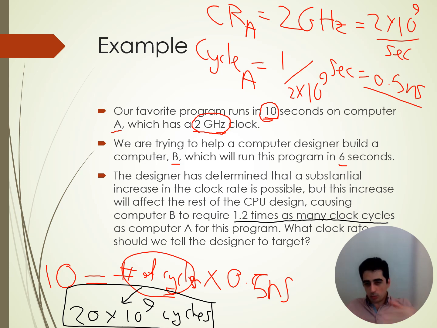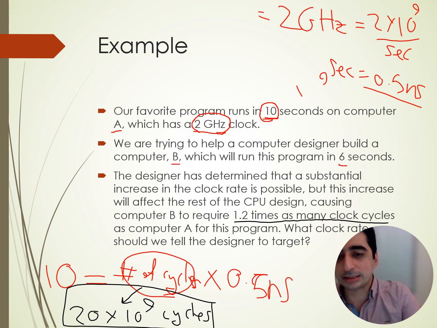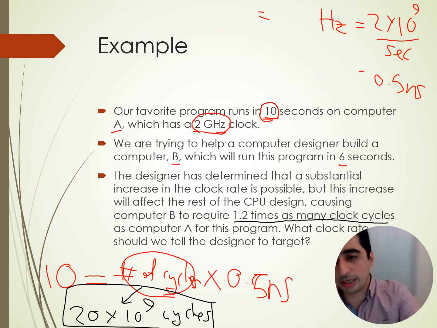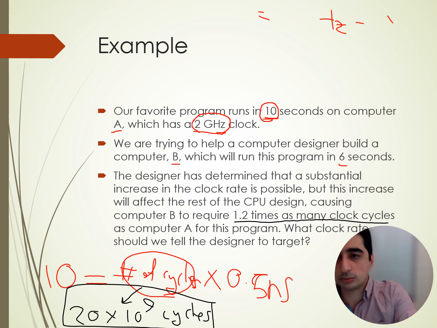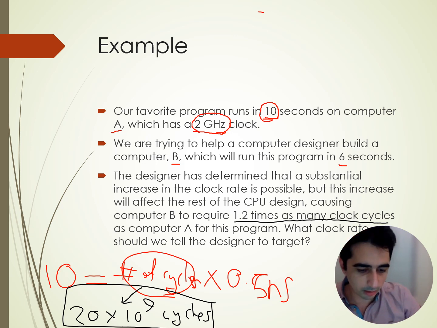If computer B needs 1.2 times more, how many cycles does computer B need to run this program? In order to answer that, all I need to do is to multiply this number, 20 billion, by 1.2 to get the number of cycles for computer B.